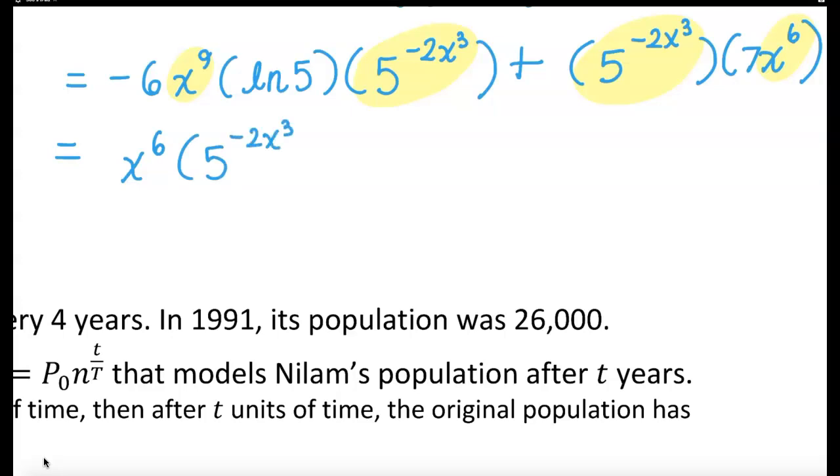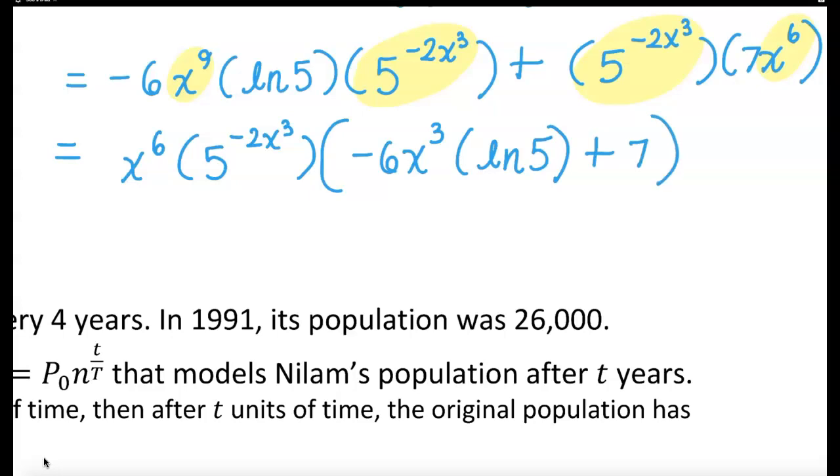I will close the parenthesis and open a big parenthesis. And what's left inside? Well, inside I will have negative 6x to the third power times natural log of 5, plus almost everything got pulled out in the second term except for 7. And that is how I would write my final answer for this problem.